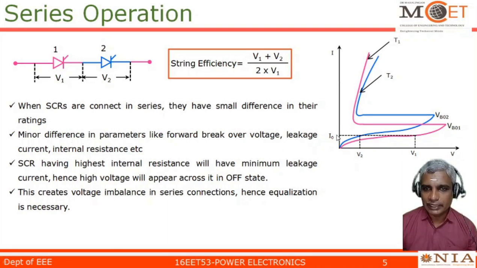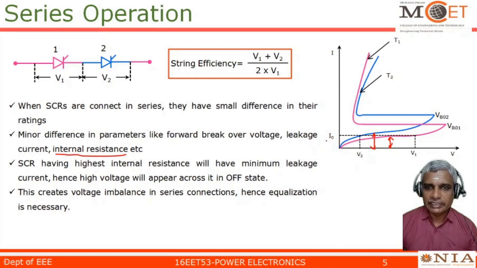Leakage currents also differ. This is the leakage current of SCR1, and this is the leakage current of SCR2. So leakage current also differs, and because of which the internal resistance will also differ.